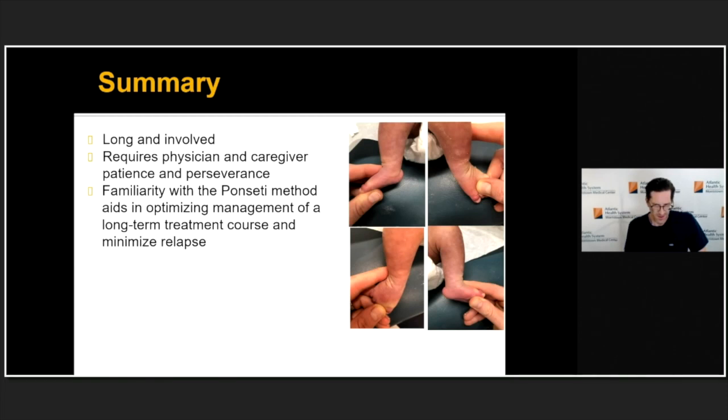This is important in order for the family to be familiar with the Ponseti method. And by far the biggest problem we have is compliance with the brace. So every time I see the family, I try to give positive encouragement when they're doing a good job keeping their child in the brace.